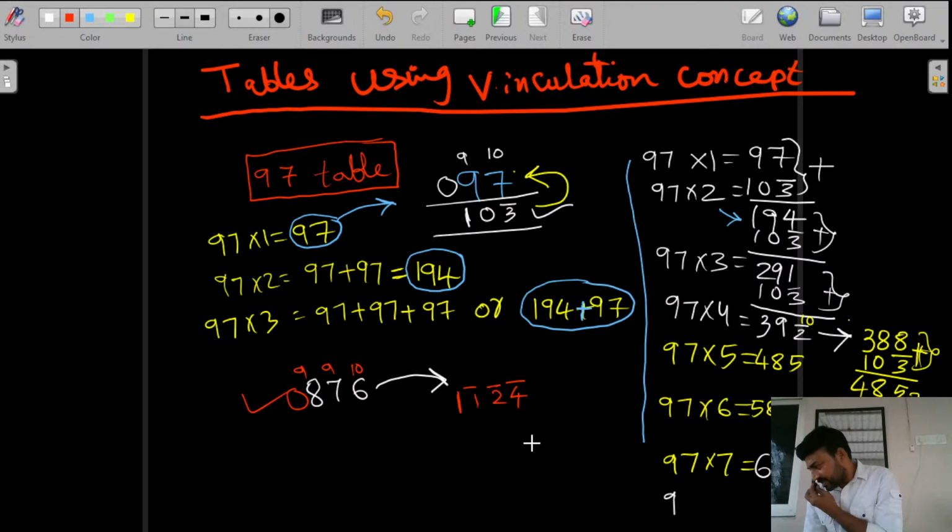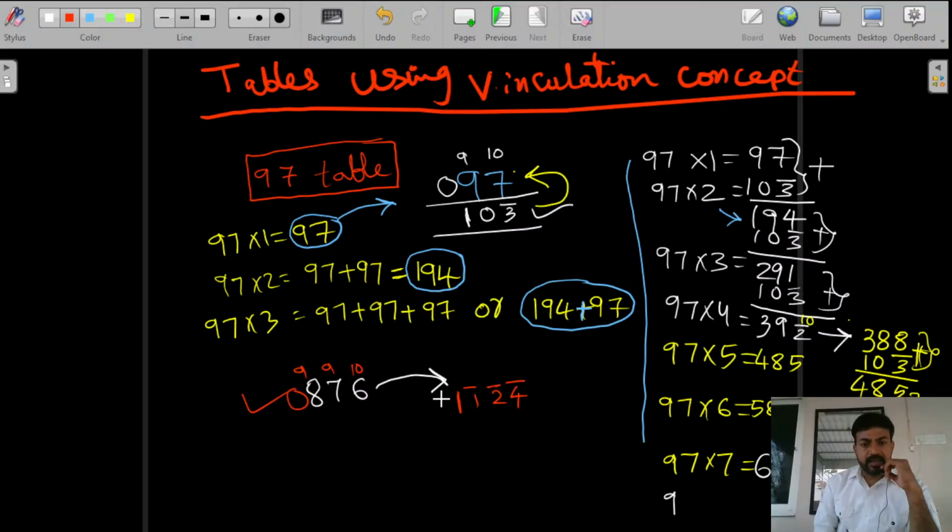Double 76. You forgot 1 bar. See, in the 876 vinculation part you got confused. You should not forget the processes. First step is the same for every method: all from 9, subtract all from 9, last from 10. In the vinculation part you take the successor, and in the devinculation part you take the predecessor.